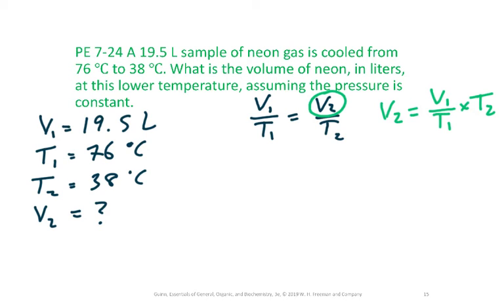But remember, we're not ready to just plug numbers in quite yet because the temperature values need to be in Kelvin. So we can take each of these and add 273 to get Kelvin.